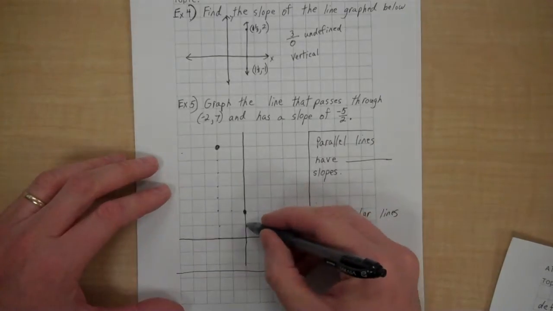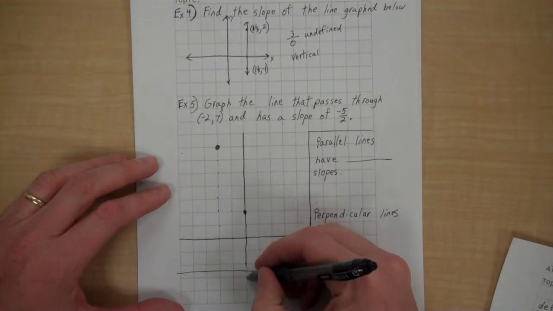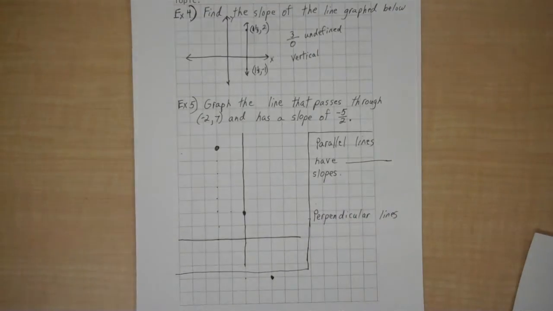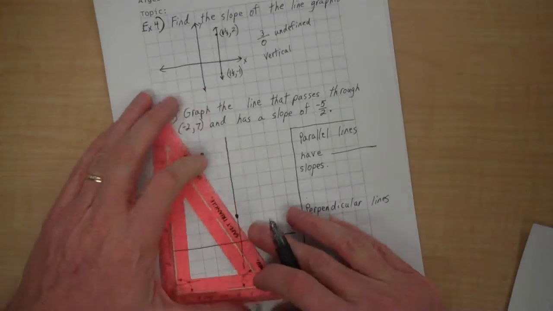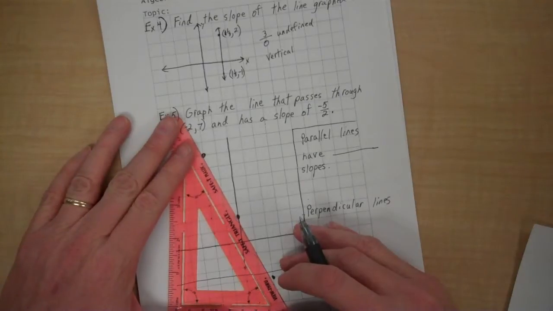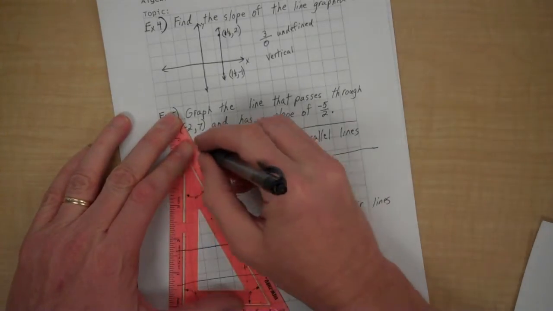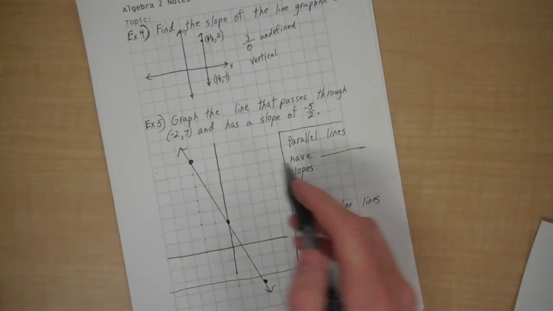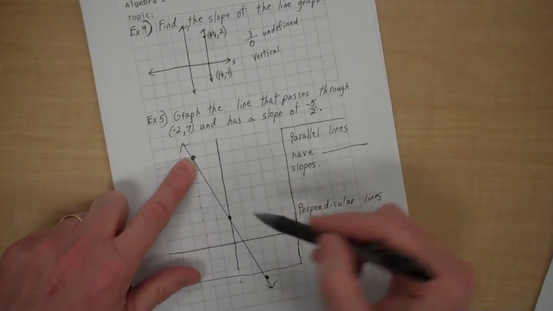Let's do it one more time. 1, 2, 3, 4, 5, down, right 1, 2. I kind of left my grid there. That is all right. But I'm graphing that line like so. There is the line that goes through that point and has that slope.